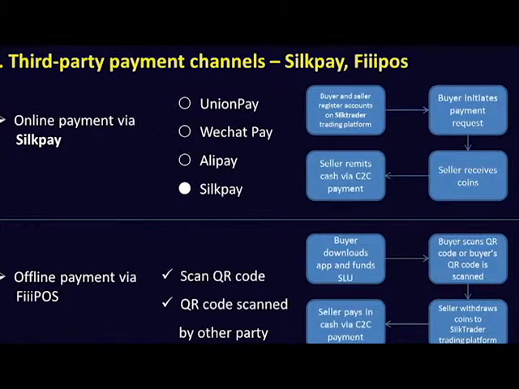Offline payment via FiPass works in the following way. The buyer will download the app and fund it with Silubium coins. The buyer then scans a QR code, or the buyer's QR code is scanned. The seller withdraws the coins to their own account on the SilkTrader trading platform.